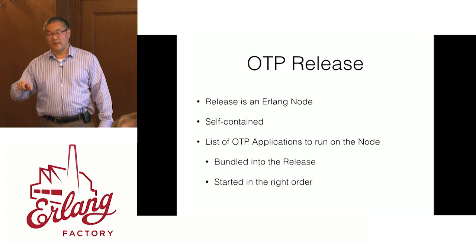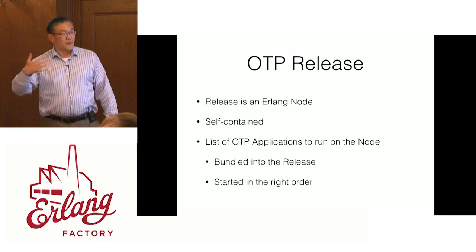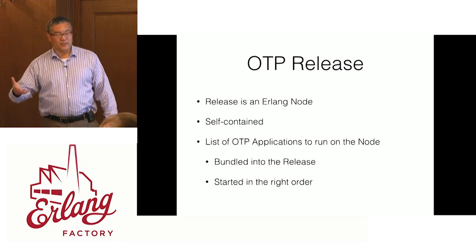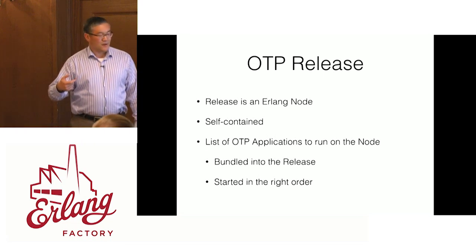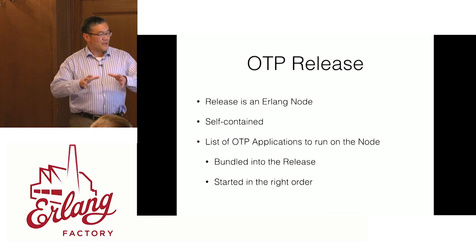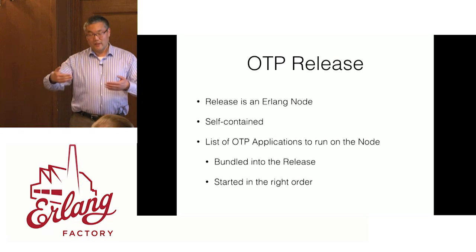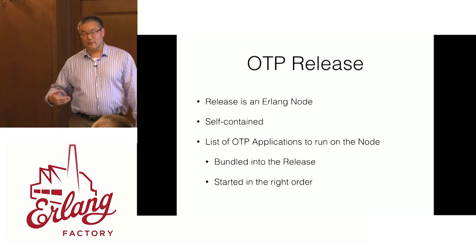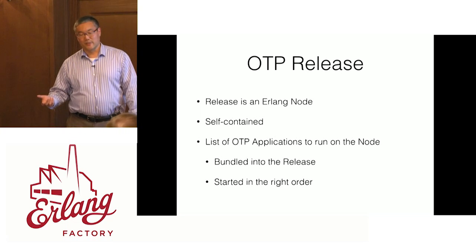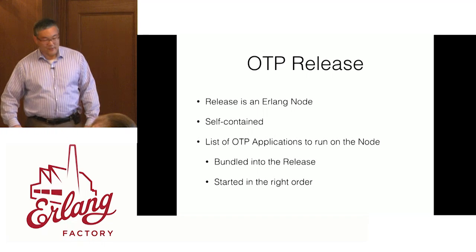They are either system applications that it already has in its release tree, or they are other applications that you've provided. It makes that dependency check, then figures out which one needs to be started first, so that they're all started in the correct sequence. So when your application runs, you know that everything that you're dependent on is already running.